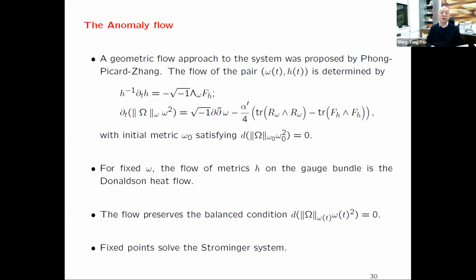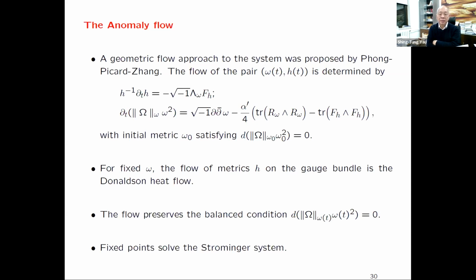Now, around the time when Fei was there, Fong at Columbia was leading his whole group to develop a flow argument, a parabolic flow argument, to solve the equations that the Hull-Strominger system requires. They start from a balanced manifold, and then they prove such a flow will preserve the balanced condition.